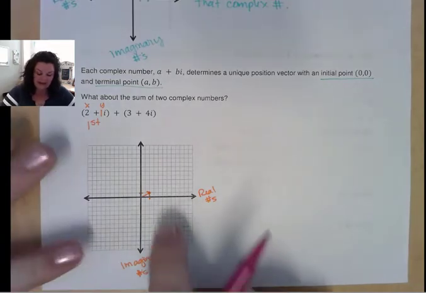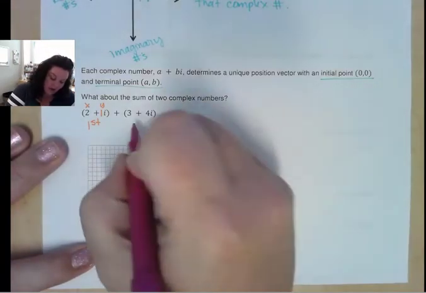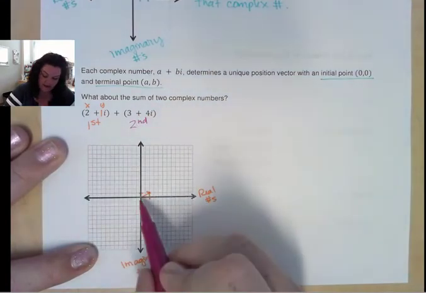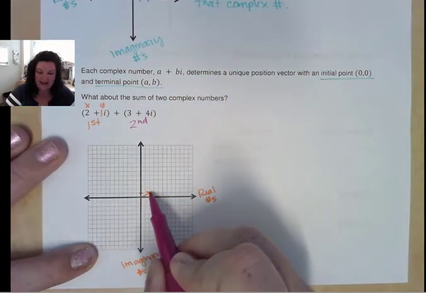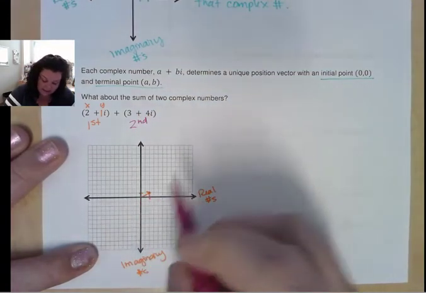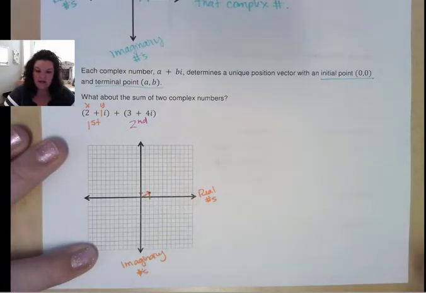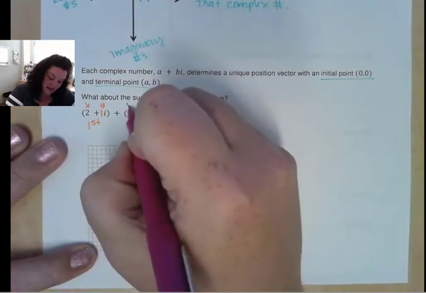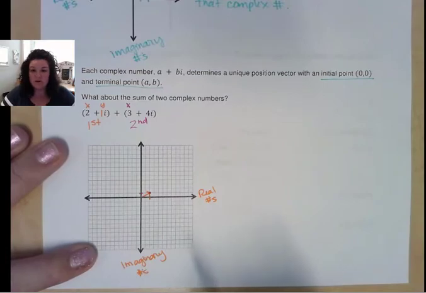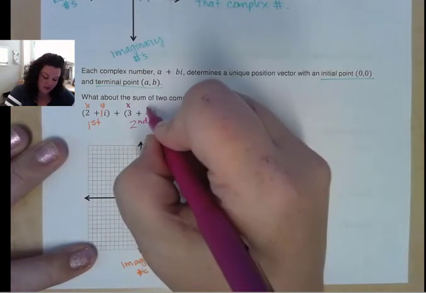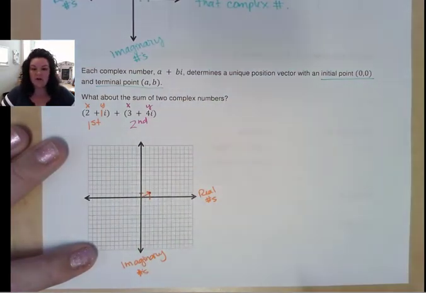Now, because I'm adding on to this vector, I'm not going to start this second number back at 0, 0, because I'm adding it to this vector. So I'm going to start at the end of this vector. And this one has an x value, or real number value, of 3 and an imaginary, or y, value of 4.